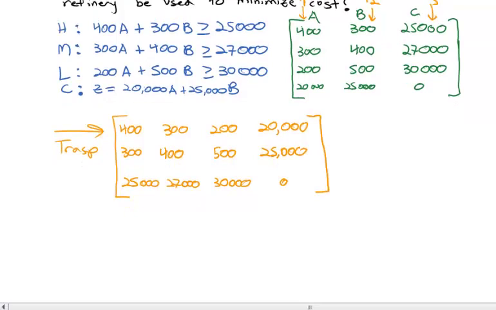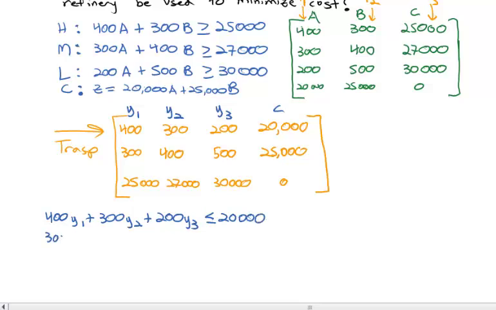And then from this we create our dual inequalities, the dual that we're going to try and maximize using now slack variables y1, y2, y3, and our constants. So we've got 400 y1s plus 300 y2s plus 200 y3s, now less than or equal to 20,000. 300 y1s plus 400 y2s plus 500 y3s is less than or equal to 25,000.